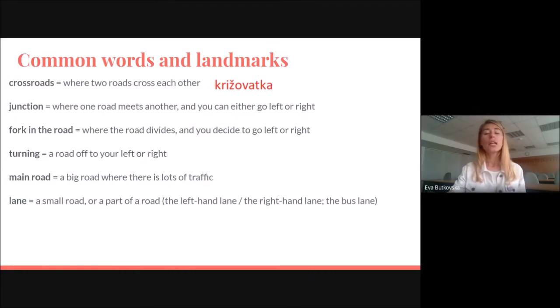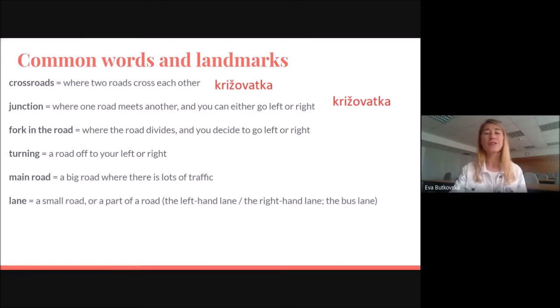Junction is usually a bigger crossroad, okay, where one road meets another, or at least two or three roads meet another, okay? And you can go to the right or to the left, but you can go to the left or right with a crossroad as well. But junction is usually bigger, so it has the same translation.